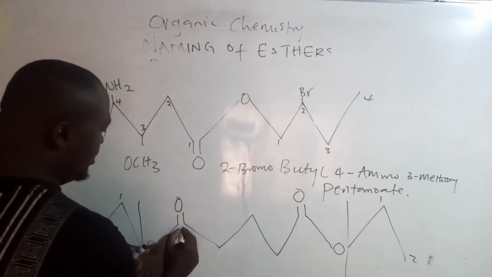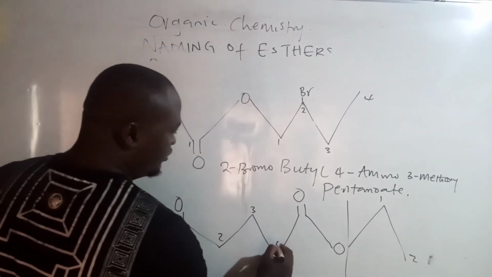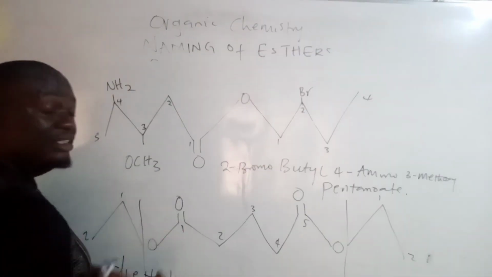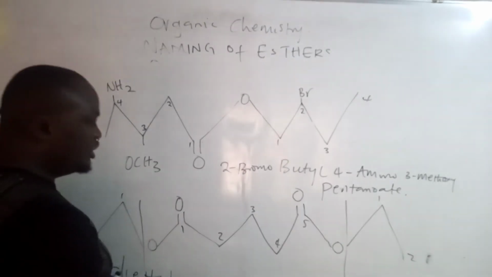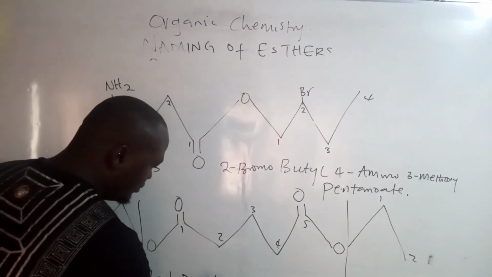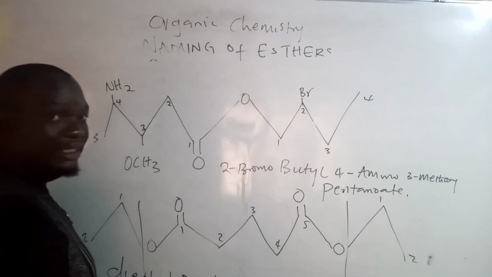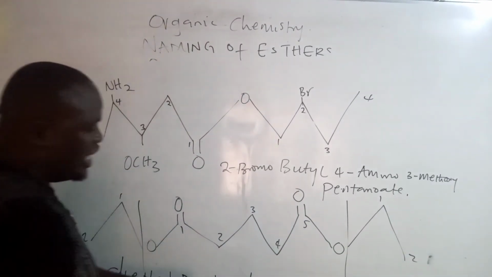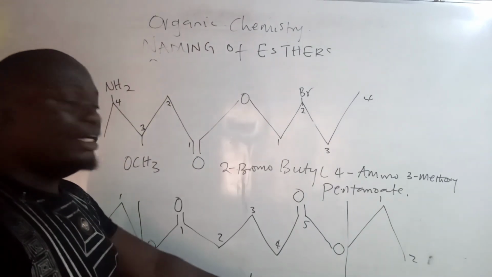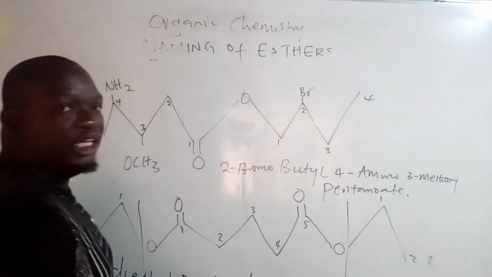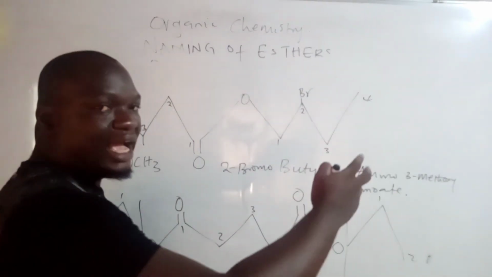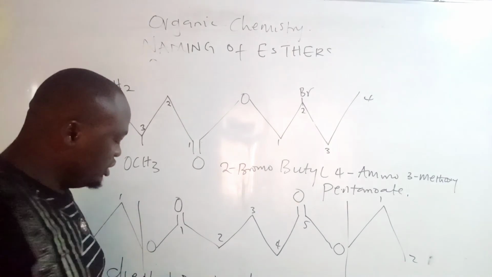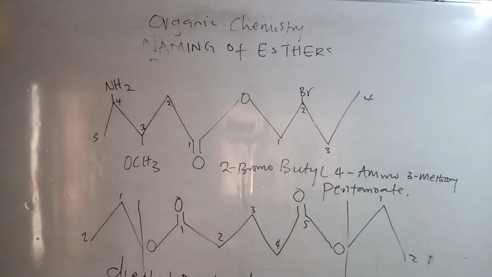If I name it from here, 1, 2, 3, 4, 5. Because there are 2 functional groups, whichever way you name it is still the same thing. So the longest continuous chain is pentane, right? Dioate. Why I put dioate here is because there are 2. If there are 3, it will be tri. If we have 4 functional groups, it will be tetra. So this is the name of this compound.